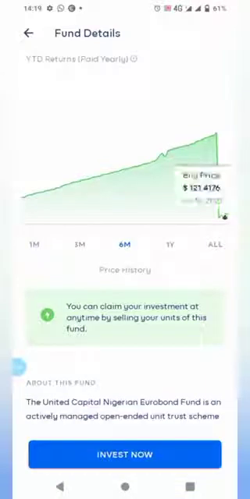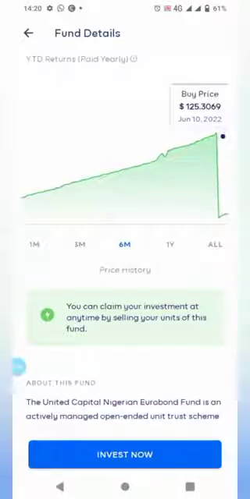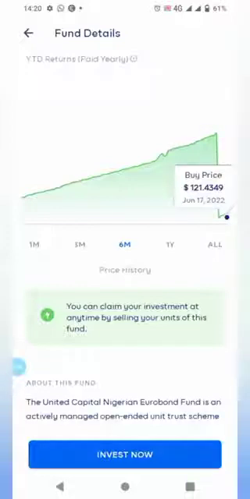If we look at the price here, you can see the unit is selling for $121. At the top of it, sometime in June 10, the price was about $125.30. But look at the bottom here, it has fallen to $121.